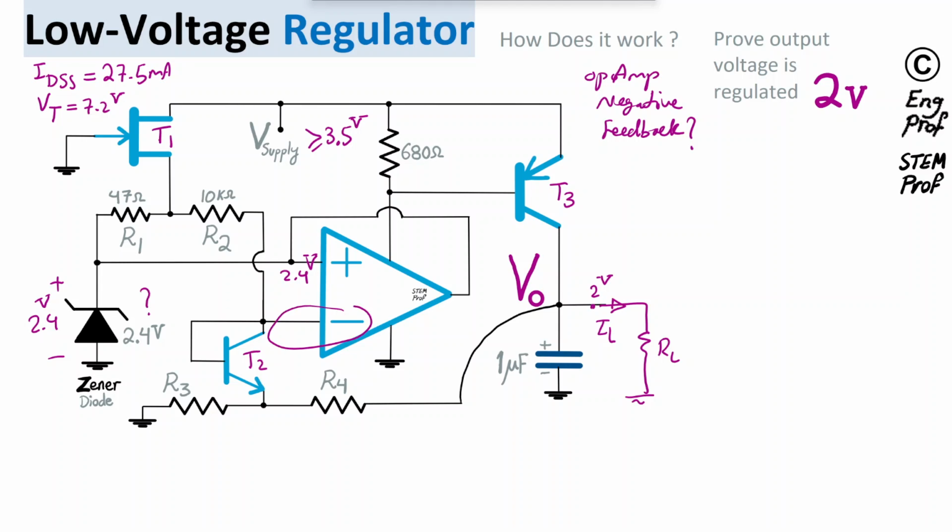If the negative terminal, for whatever reason, is still grounded, and I'm just making a hypothetical scenario, then the OpAmp, seeing such a delta between positive and negative, will boost up the output voltage.